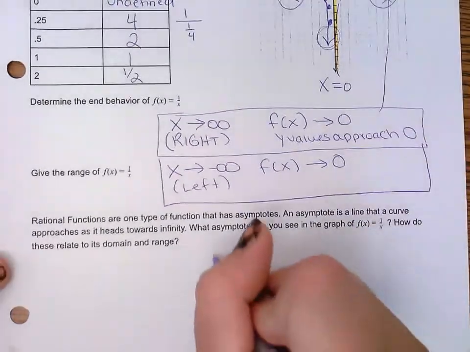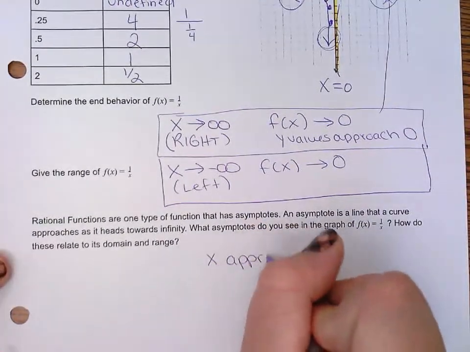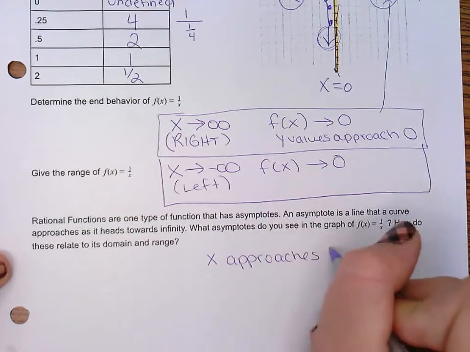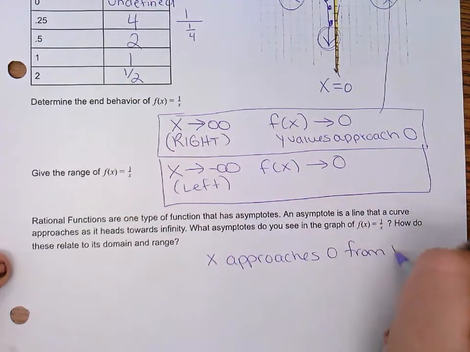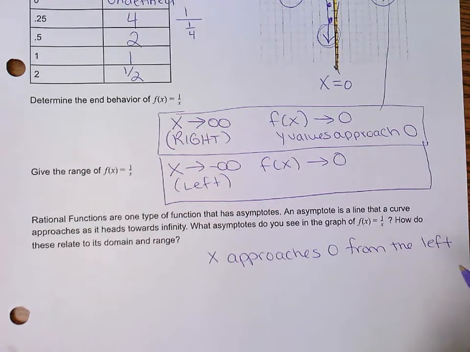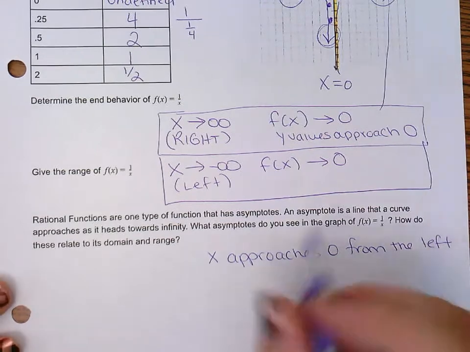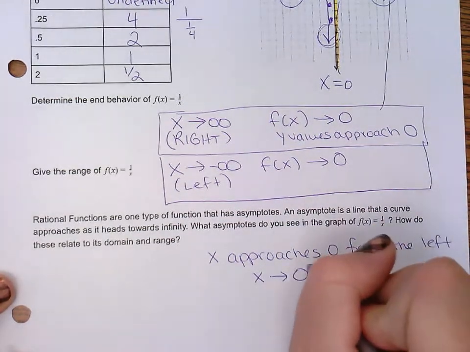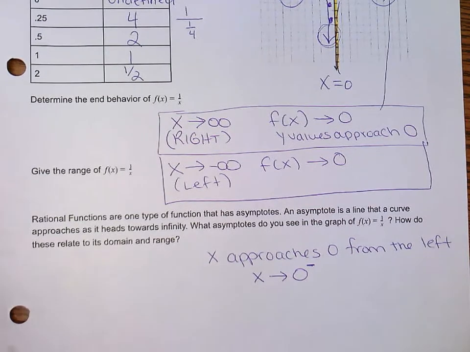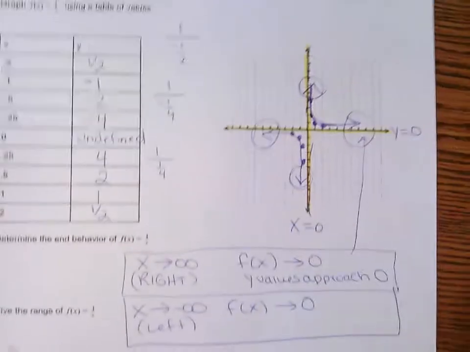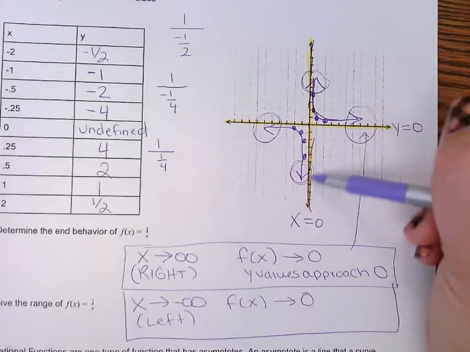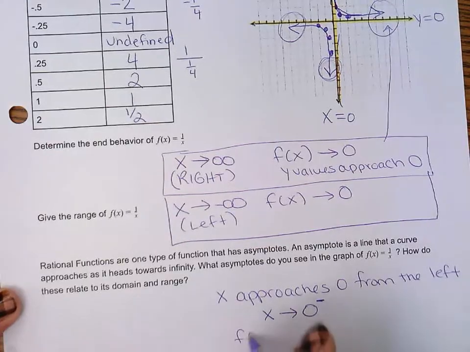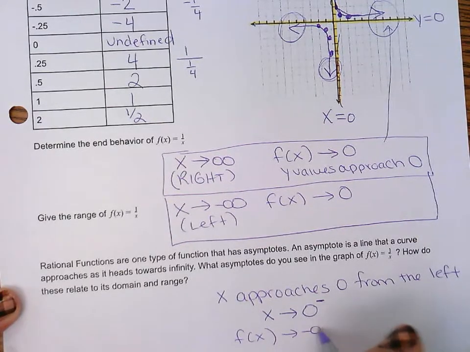As x approaches 0 from the left, the negative side, what's happening to my function? As x approaches 0 from the left, the function is approaching negative infinity, right?